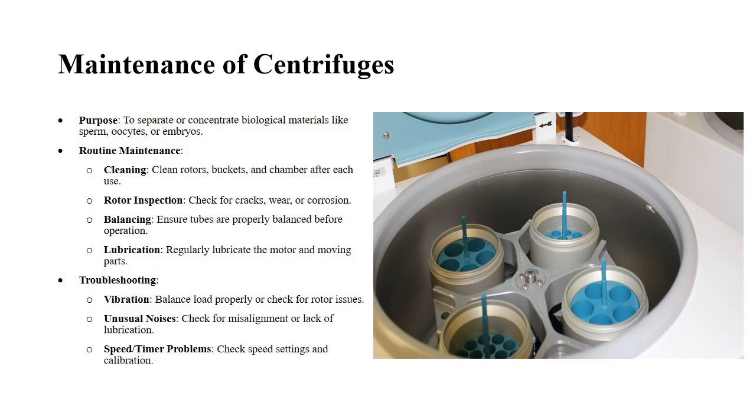Unusual noises: grinding or unusual sounds can indicate mechanical issues such as a misaligned rotor, malfunctioning motor, or insufficient lubrication. Speed or timer malfunctions: if the centrifuge fails to reach the correct speed or time, check the speed setting dial, timer mechanism, and power connections.